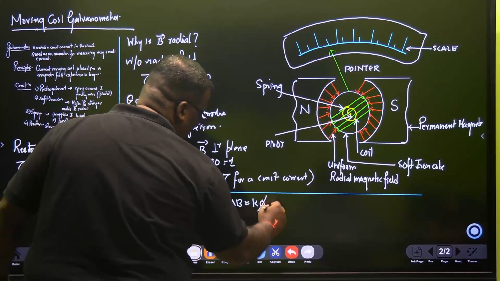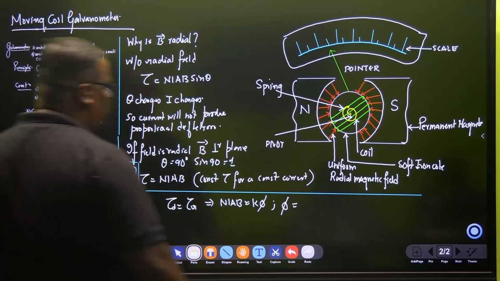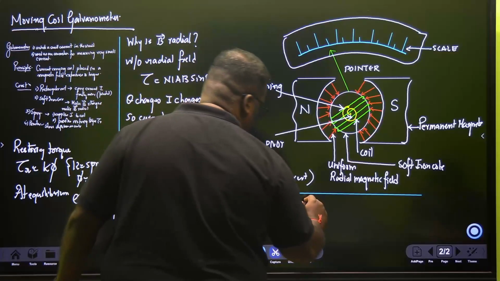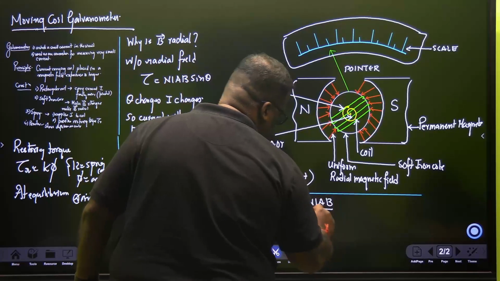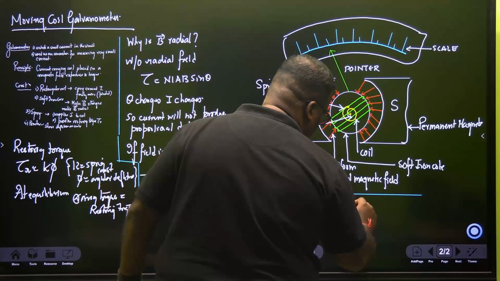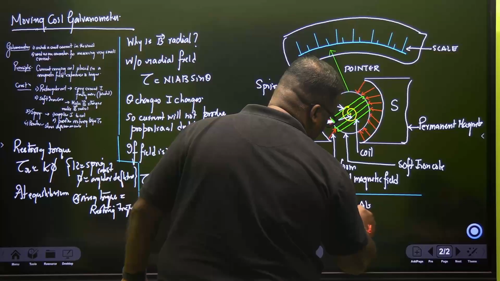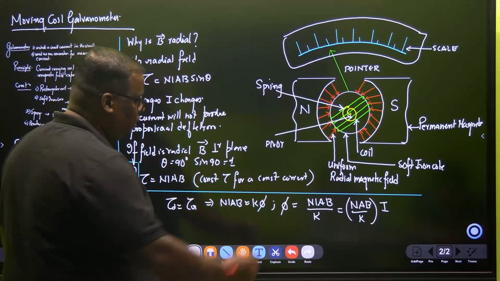So the phi that you are going to obtain, how much your particular machine will rotate, is given by NIAB divided by K. I'm writing it as (NAB by K) in brackets, times I. So you got your result.